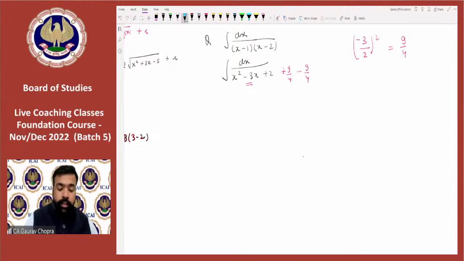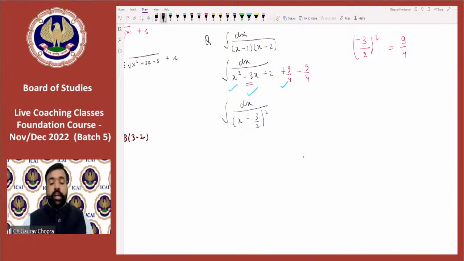Now by using x squared minus 3x and 9 by 4, we can write them as dx upon (x minus 3 by 2) whole square. So we have converted this into a whole square.